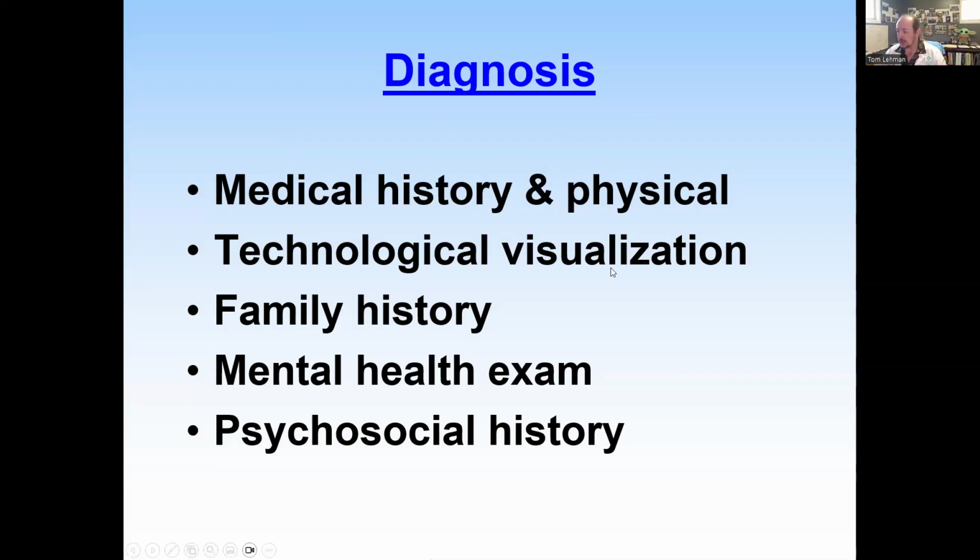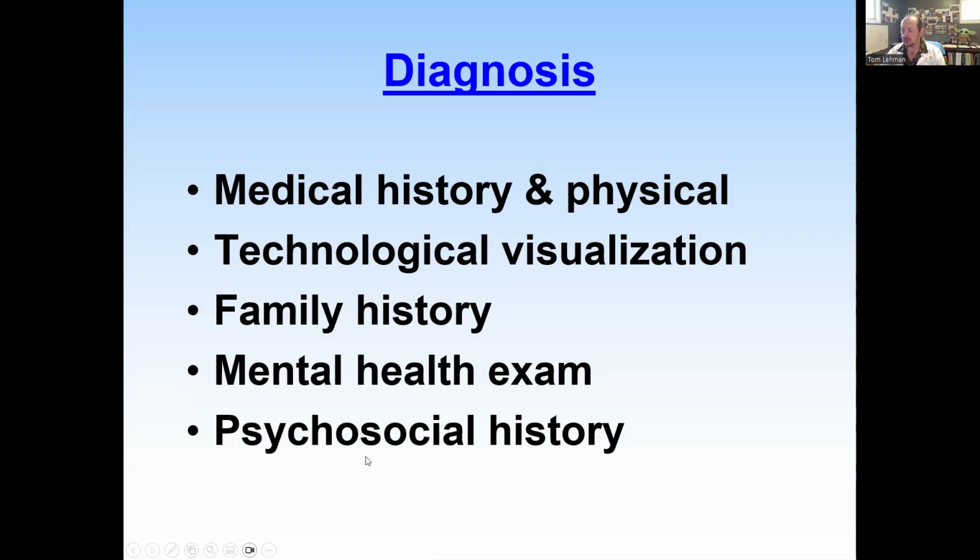You can use certain technological visualizations like X-rays, CT scans, EEGs, MRIs, PET scans. You can still look at a number of ways to look at the brain to see if it's reacting differently than expected. You'll take a family history, to determine if you have a past history or a family history of different disorders.